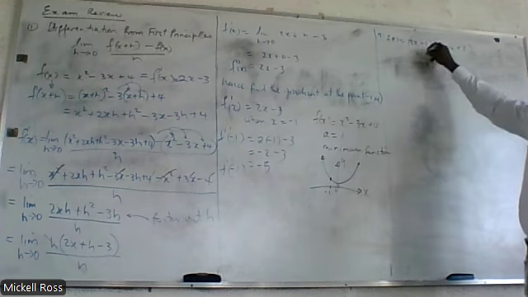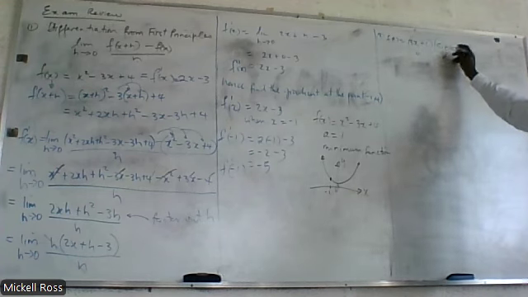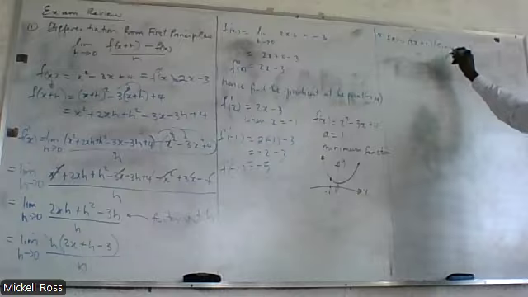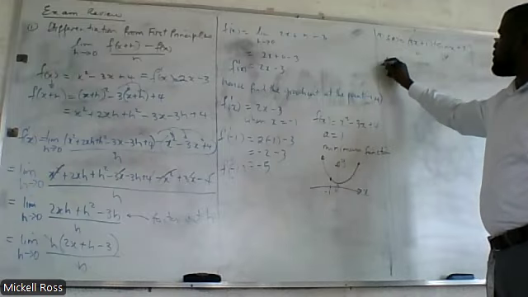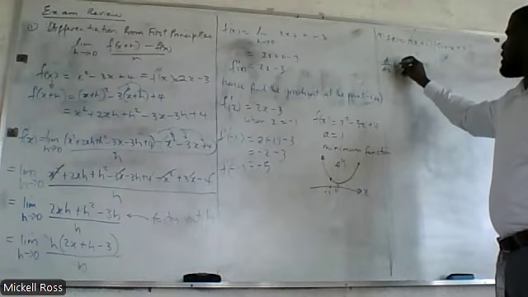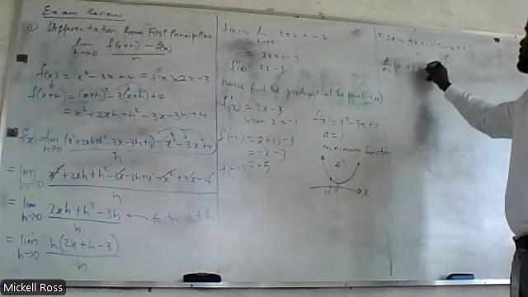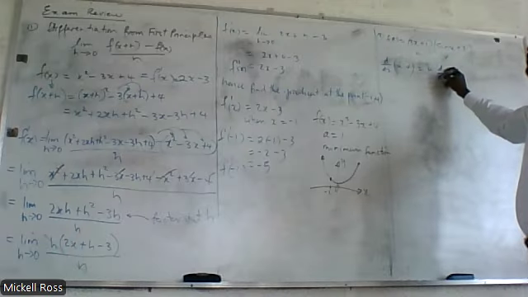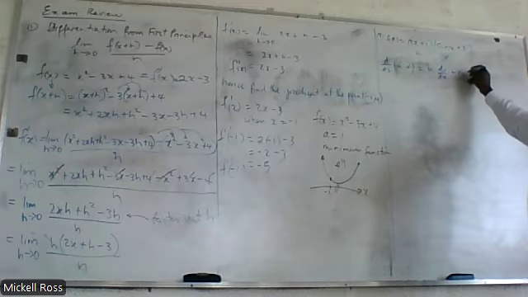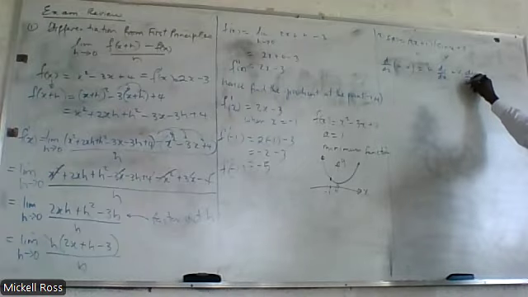Say we call this u and this v. Remember, the product rule says if you're differentiating u times v with respect to x, it is u times the derivative of v plus v times the derivative of u.